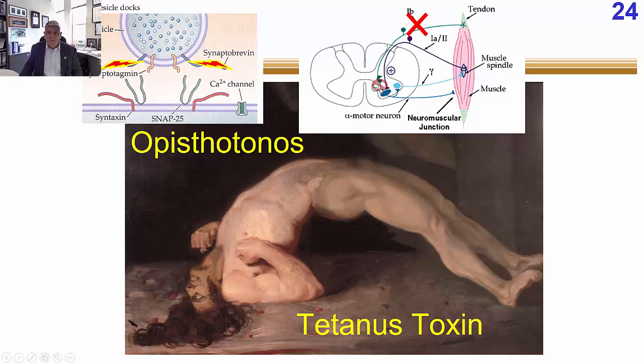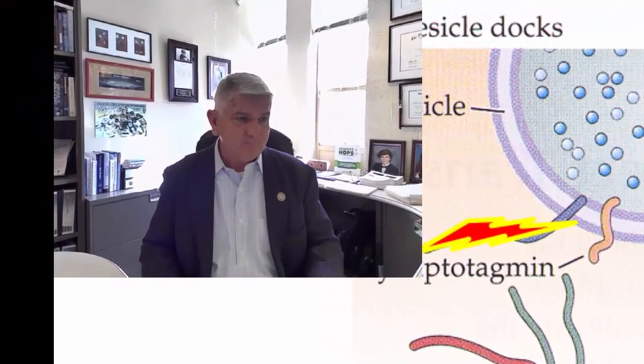Well, if we knock out that inhibitory interneuron by having tetanus toxin interfere with synaptobrevin here, so that inhibitory neurotransmitter cannot be released, then we eliminate this feedback signal. And so now the muscles are very tense. All the muscles are tense here, as shown in this picture, and we have no mechanism to relax or stop sending those excitatory signals.